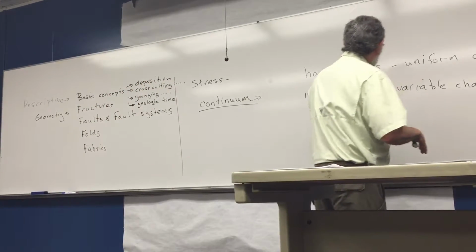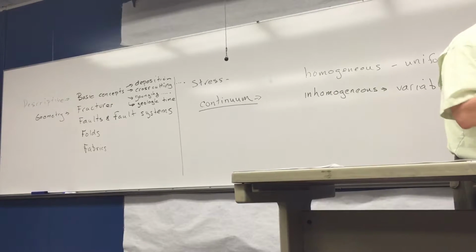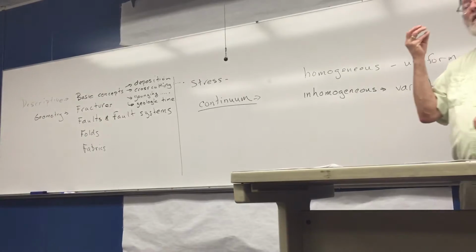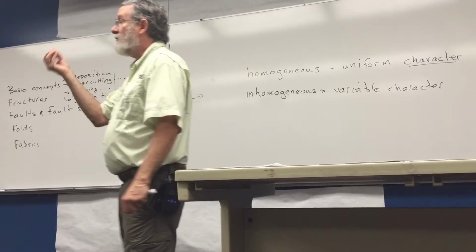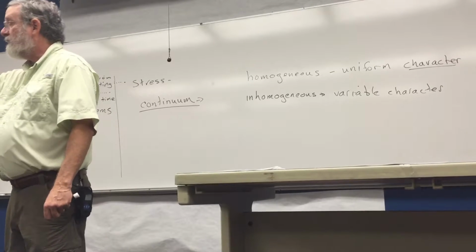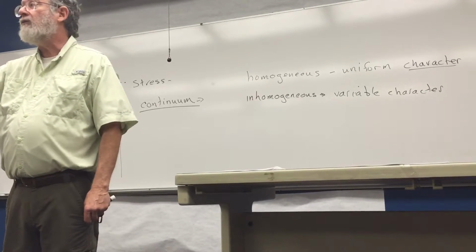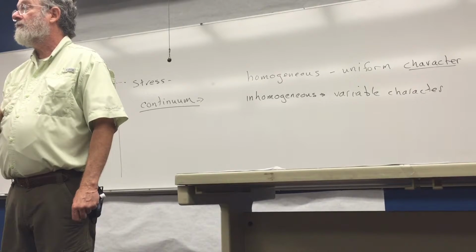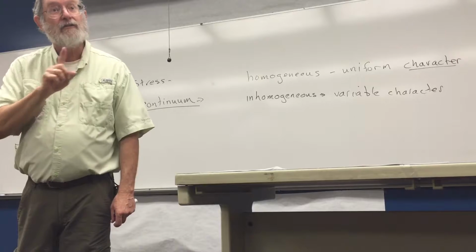And so when we look at the composition, when we look at the temperature field, we're going to describe this as a value at a point, independent of any coordinate system. We're not worried about a coordinate system, at least right now.